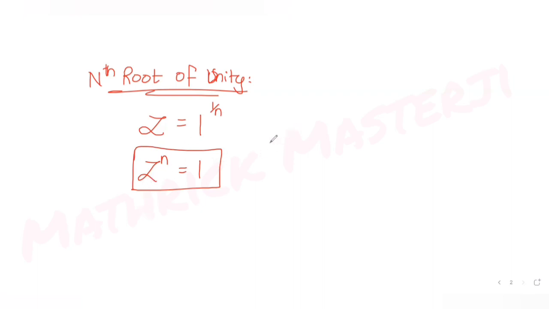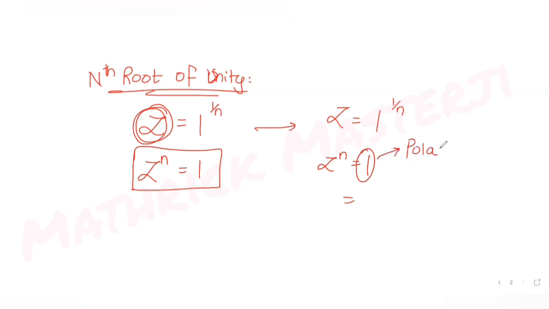Now I have to figure out the value of z here. We know z is 1 raised to 1 over n, or I can just write z raised to n is equal to 1. Here, z raised to n is equal to 1, and I can write that 1 in the polar form. Polar form means in terms of a complex number, cos theta plus i sin theta.